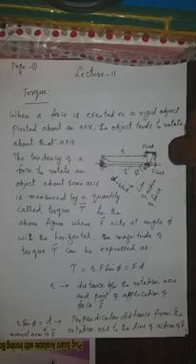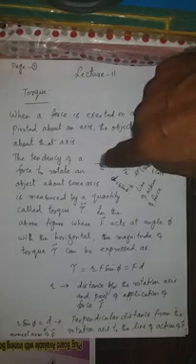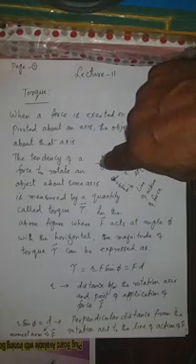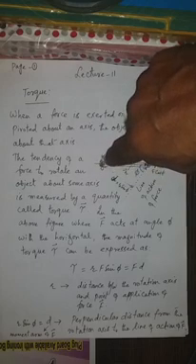This vector is the force vector, and this point is the pivot point, or the point through which our axis of rotation passes.